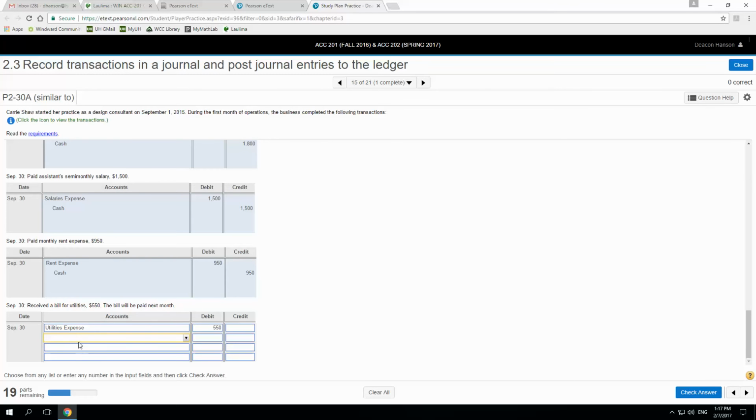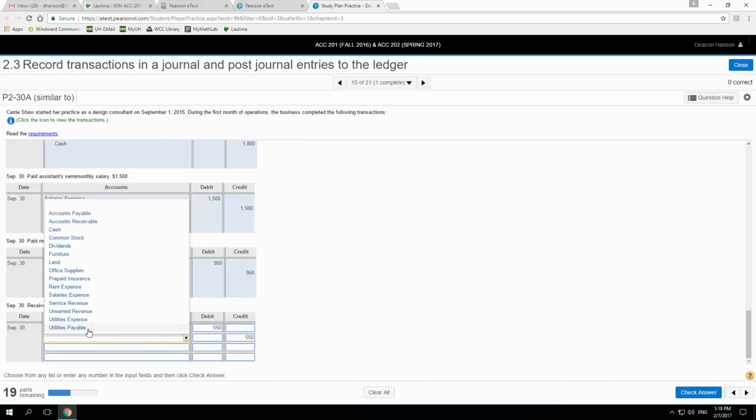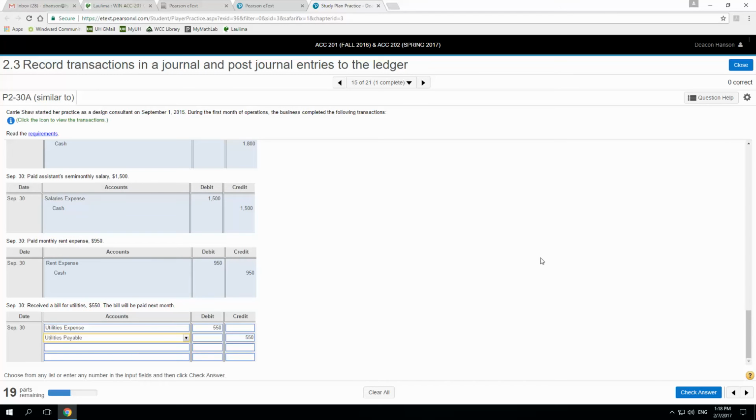It's going to go into a liability. Now, some companies will split their liabilities out. They won't have them all sitting in accounts payable. They'll have a separate liability for certain expenses, and this one is going to be utilities payable. So it's not sitting right in accounts payable. Okay.